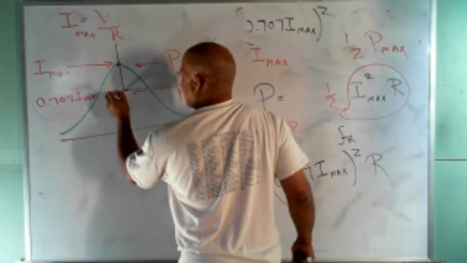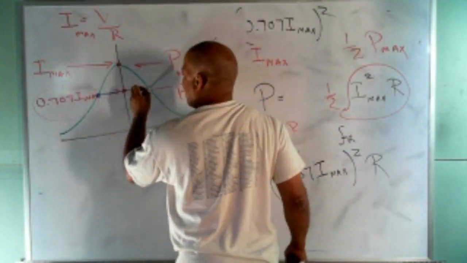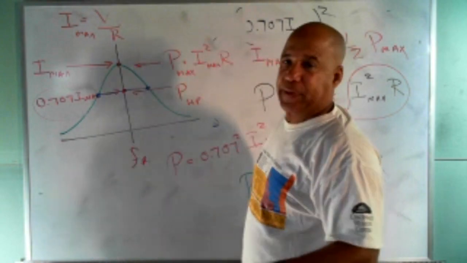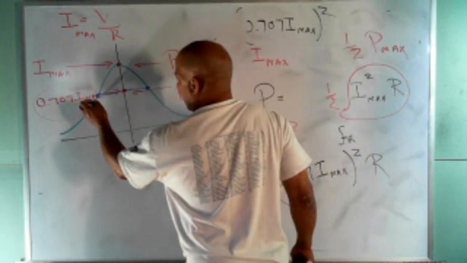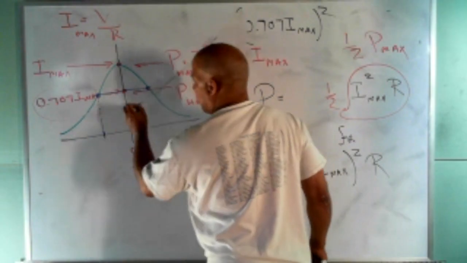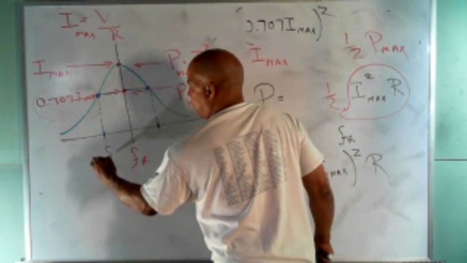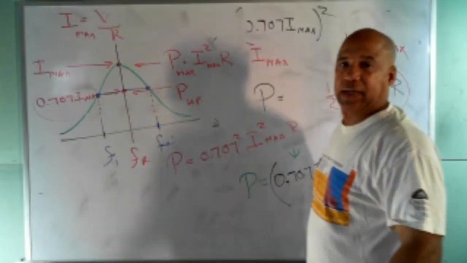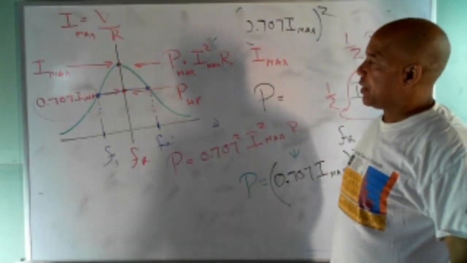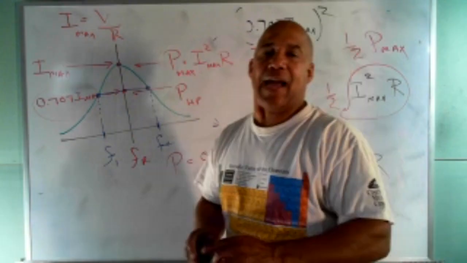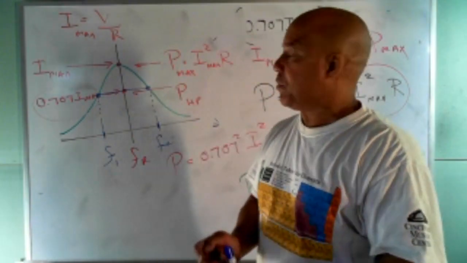I'm going to intersect the curve on this side and this side. And then I'm going to drop a perpendicular down on both sides of FR. So one here and one here. And I'm going to call this F1, F2. F1 and F2.